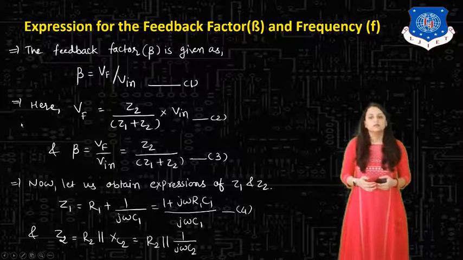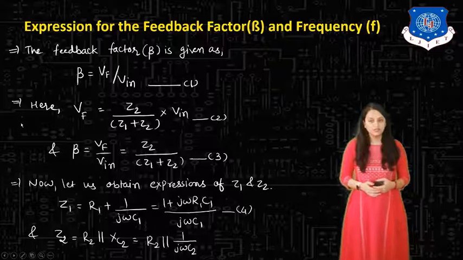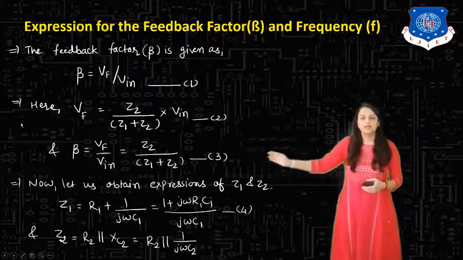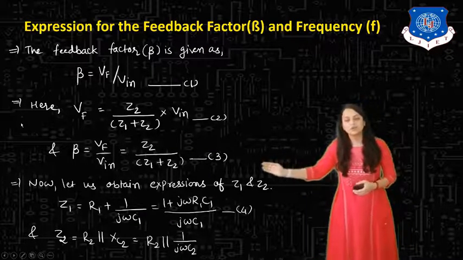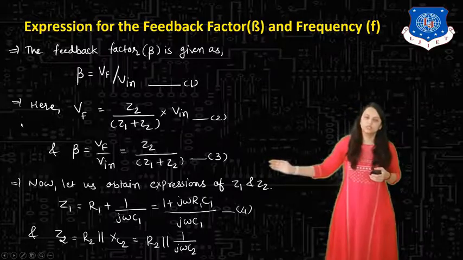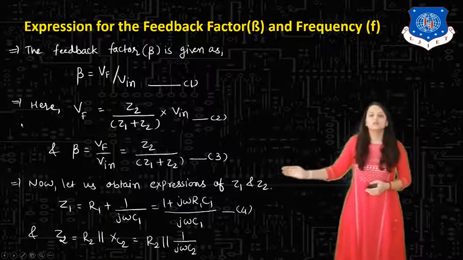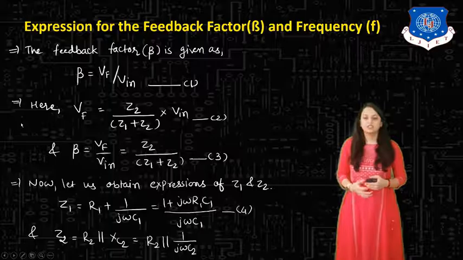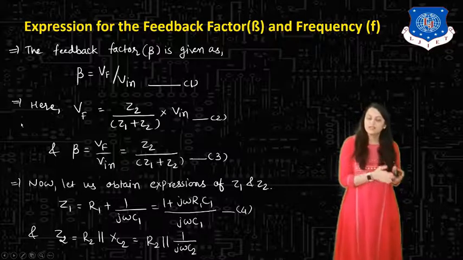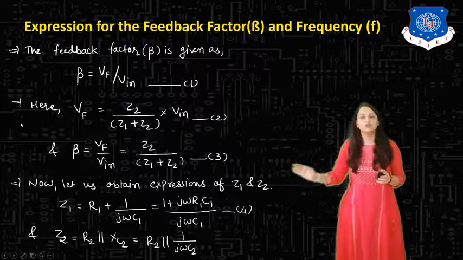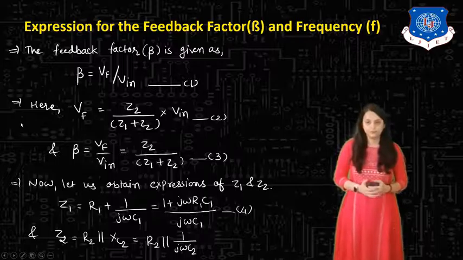And beta equals Vf by Vin. So we can say that it is given as Z2 upon Z1 plus Z2. This is equation number 3. Now, let us obtain the expressions of Z1 and Z2. We can substitute it in equation number 3 and obtain the value of feedback factor beta.